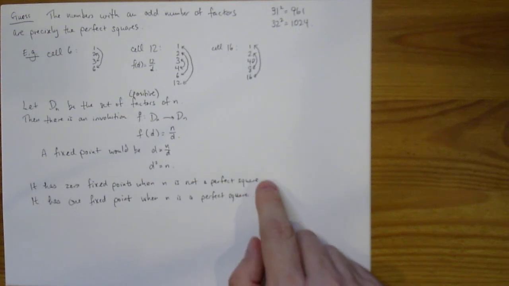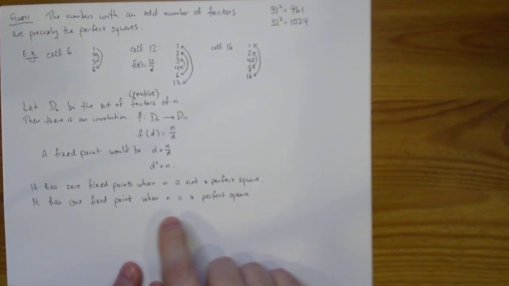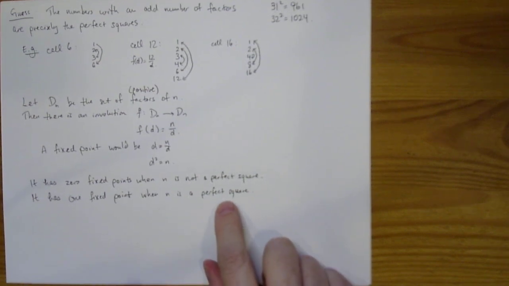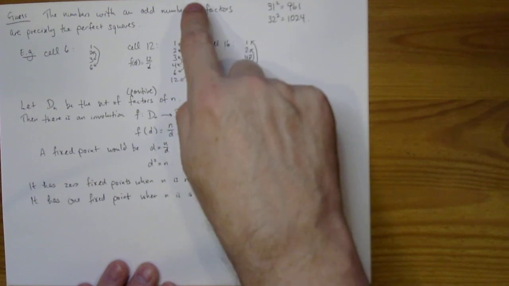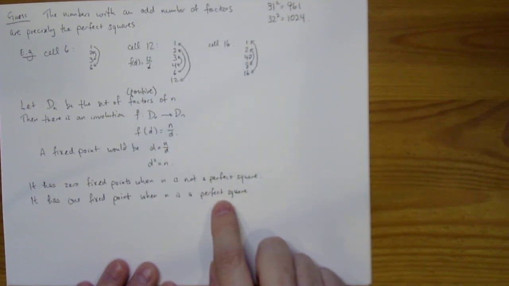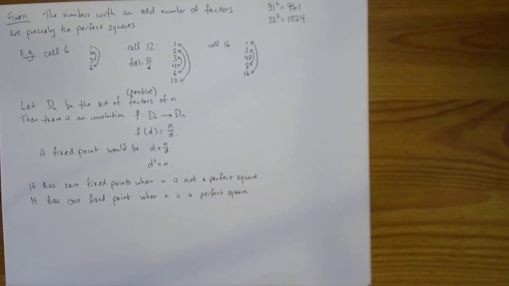And that's what's going on here. When it has 0 fixed points, that means that d sub n has an even number of things in it. And when it has 1 fixed point, that means that d sub n has an odd number of divisors, of factors in it. And so the set of the numbers that have an odd number of factors are precisely the numbers where this involution has 1 fixed point instead of 0, because then d sub n will have an odd number of elements in it.